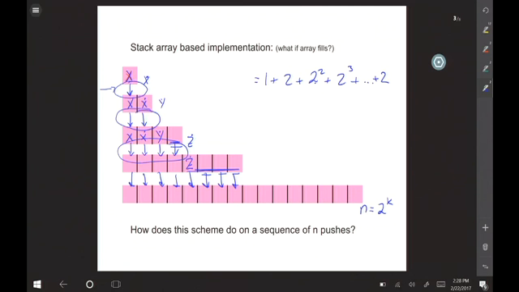Half of 2 to the k, right? We're only going to copy half of 2 to the k, so what does that mean? 2 to the k minus 1, good. So this is all the way up to 2 to the k minus 1. So in terms of k, where k is this thing that we're using to parameterize n, we've got the sum from i equals 0 to k minus 1 again of 2 to the i.